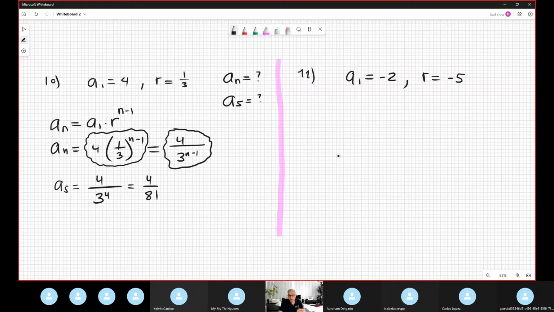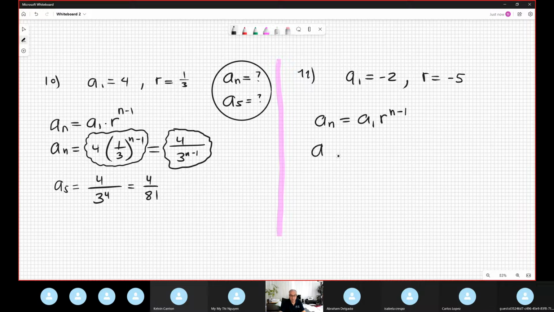Now the common ratio could be positive, could be negative, a fraction, a whole number. There are no restrictions. So now the same thing. You need to find a sub n and a sub 5. The same question as 10 and 11, but different numbers, no? So a sub n is equal to a1 times r to the n minus 1.